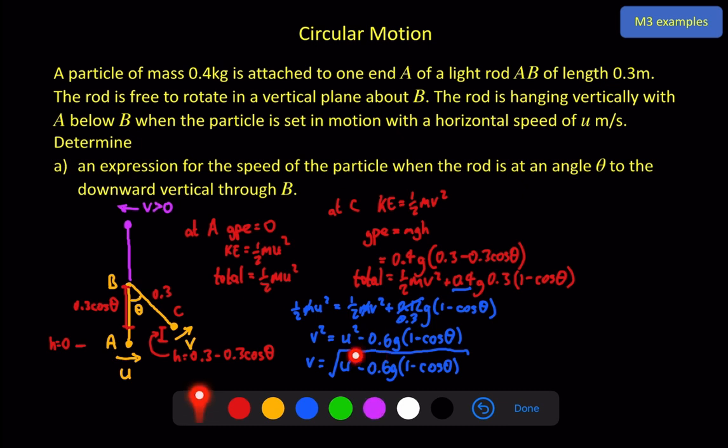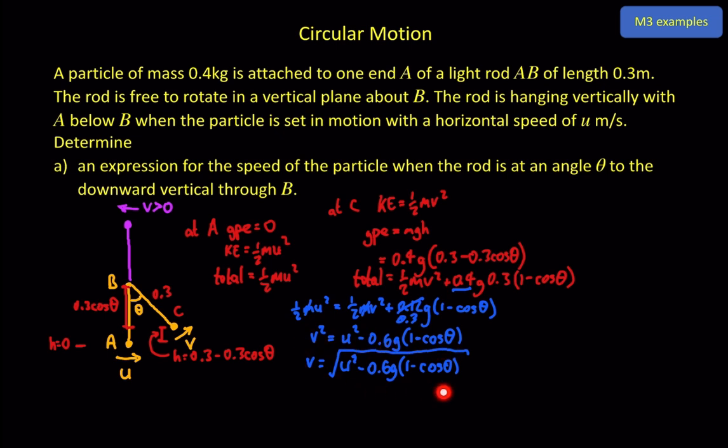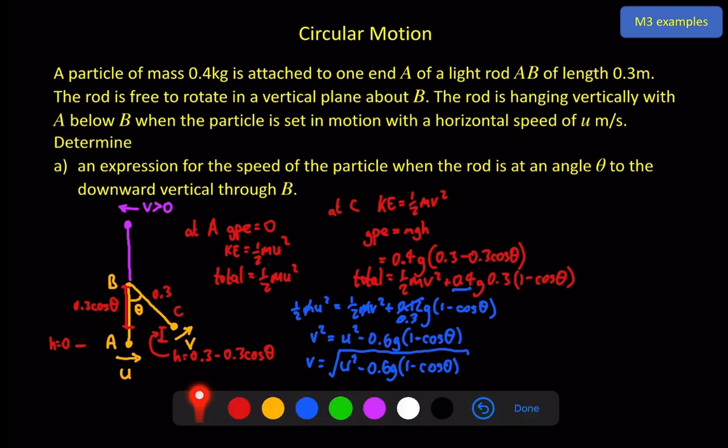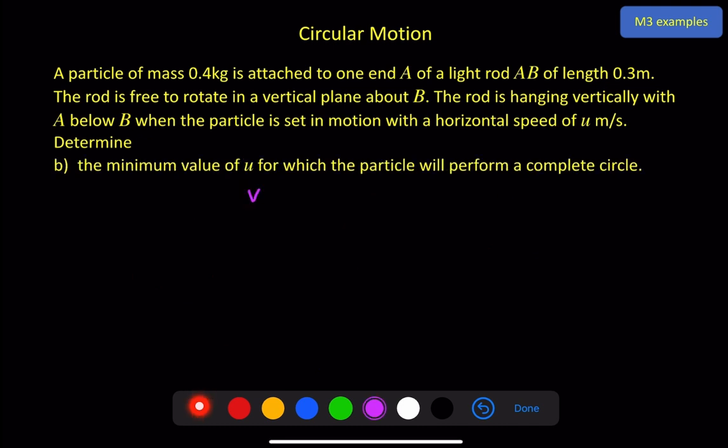So I'm going to set this expression here as greater than 0 and find u at this point, remembering also that at this point I can see what theta is going to be. Theta is going to be pi, or 180 degrees. So we've got v is greater than 0, or you might see greater than or equal to. So that's the square root of u squared minus 0.6 g times 1 minus cos theta, greater than or equal to 0.